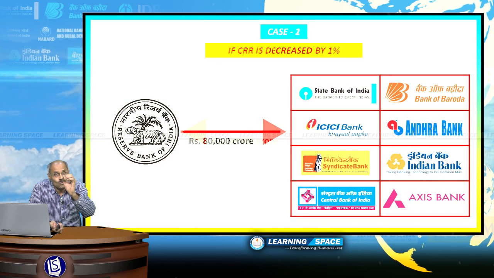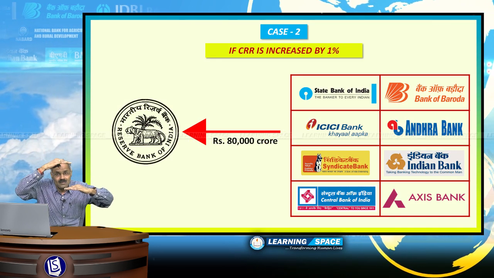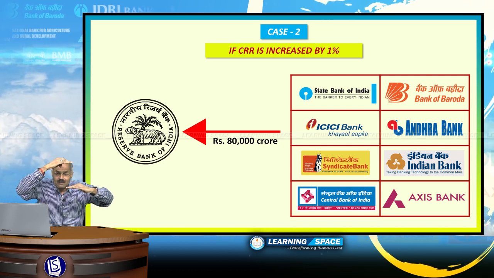Look at case 2. If CRR is increased by 1%, at present it is 4%. If it is increased to 5%, what will happen?